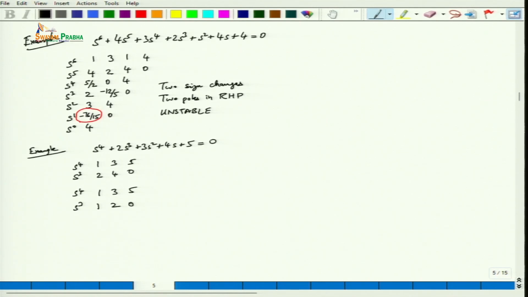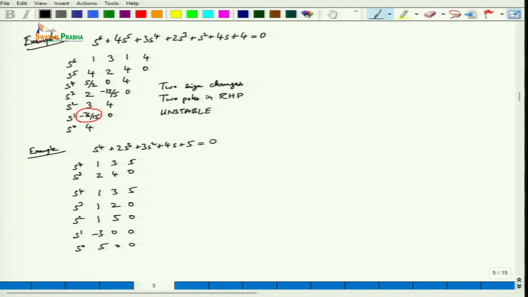So we have divided by 2, and then we can perform our calculations to get our Routh array. This is what the Routh array looks like.